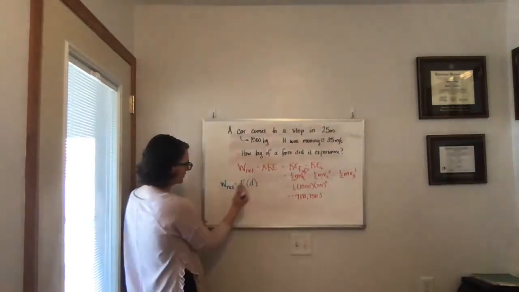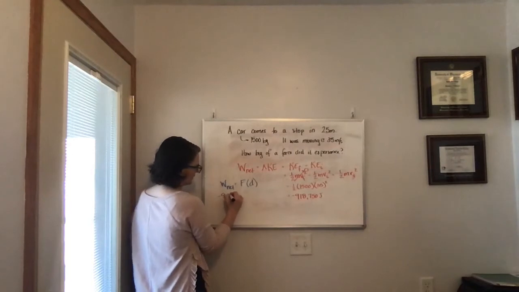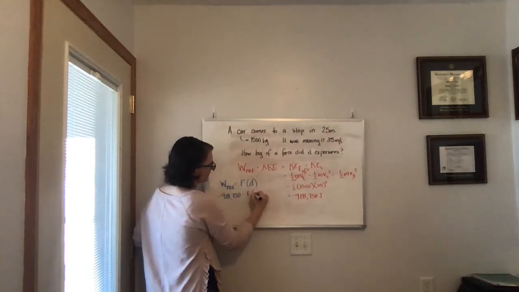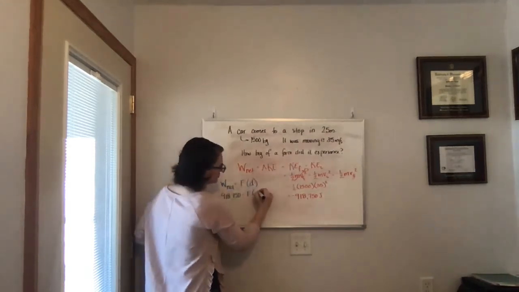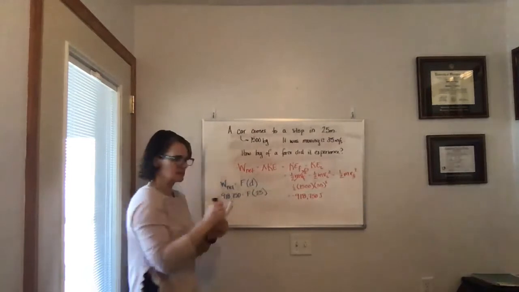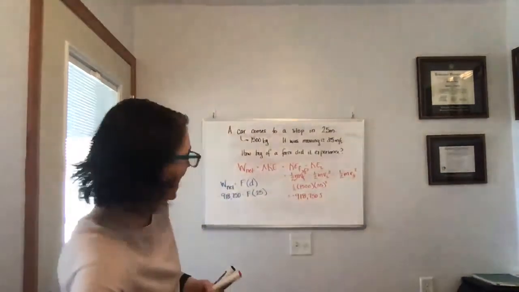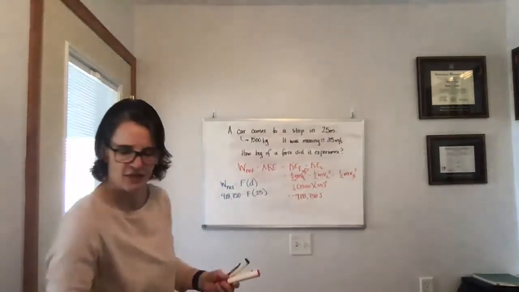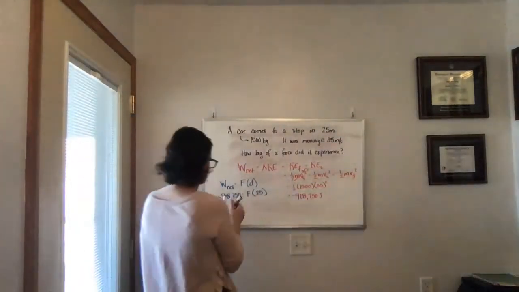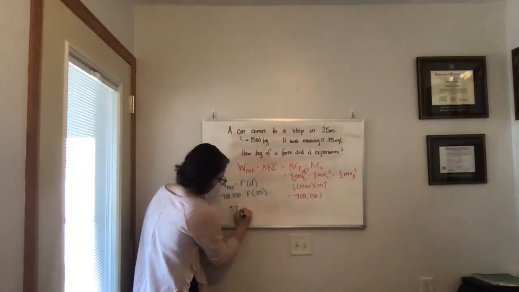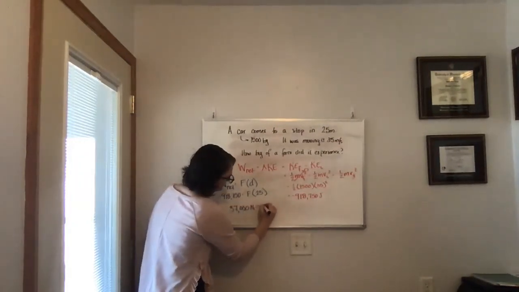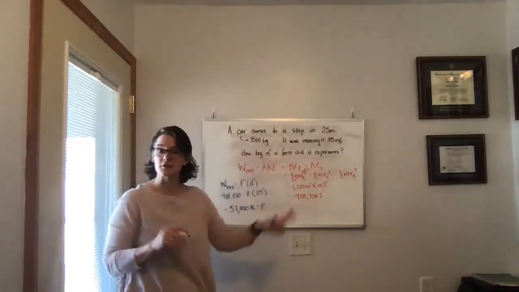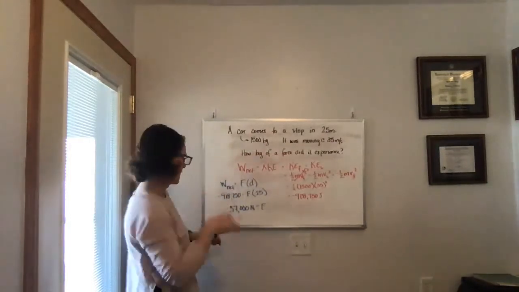And so if our net work is minus 918,750, and we know that we stop in 25 meters, we can determine the force acting on that object. And we get 37,000 newtons of force in the negative direction as I've described it, moving to the right and coming to a stop.